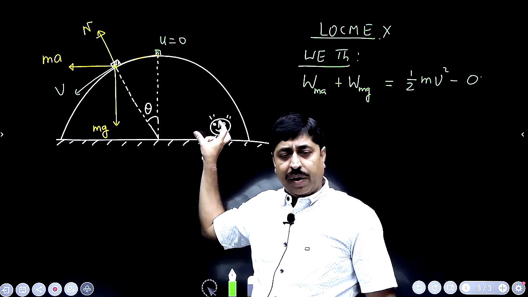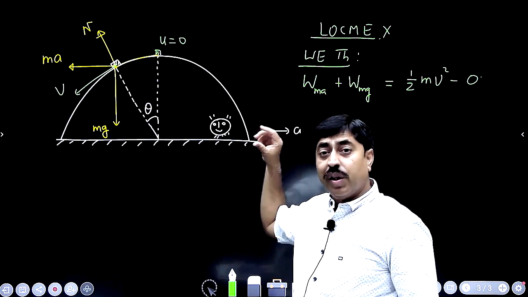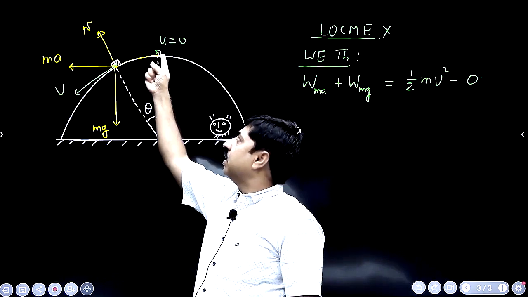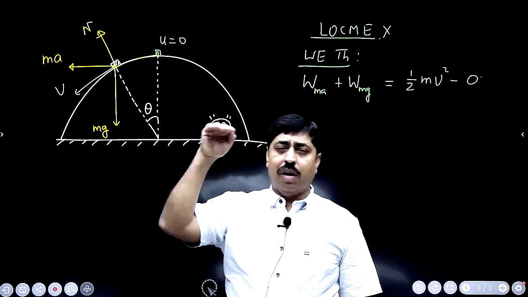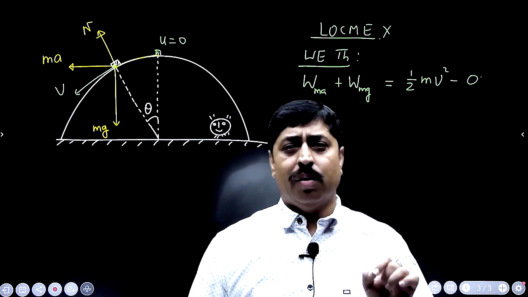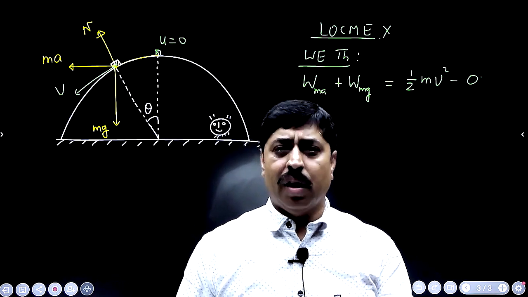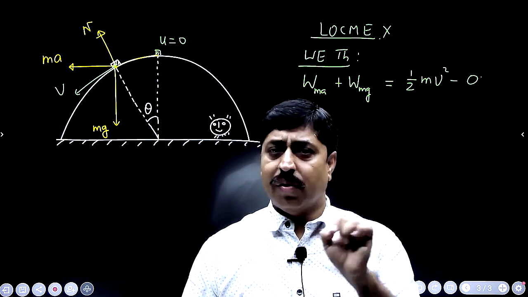In this reference frame, this man does not see this hemisphere to be moving. So, in this reference frame, this man sees that this block is moving along the curved track, isn't it? Therefore, normal reaction force will not perform any work on this block in this reference frame.